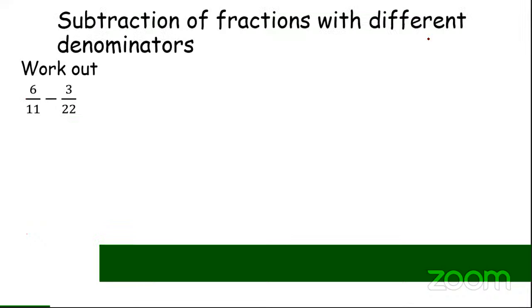So work out 6 over 11 minus 3 over 22. So how are we going to go about this? Find the LCM of 11 and 22.